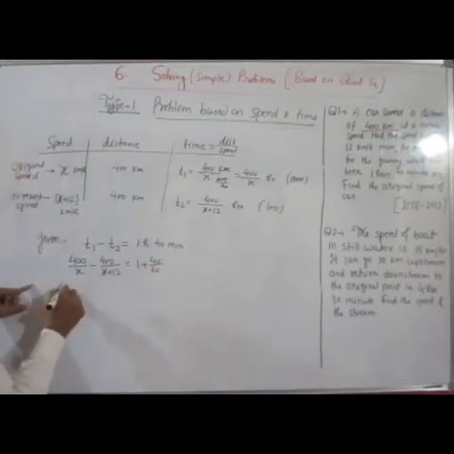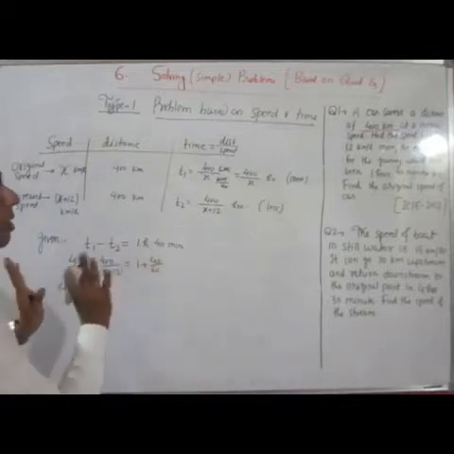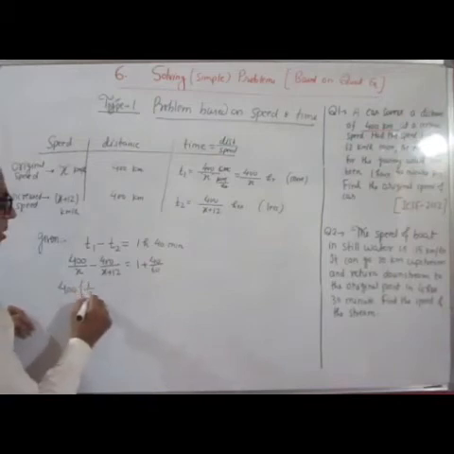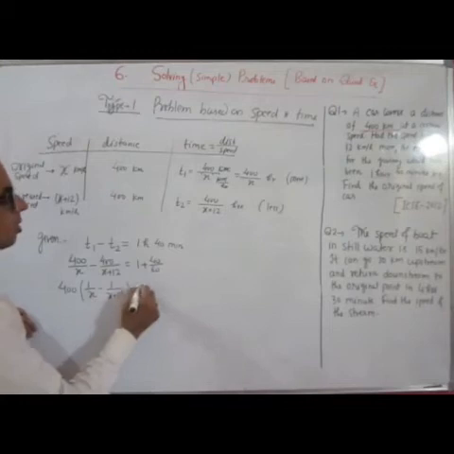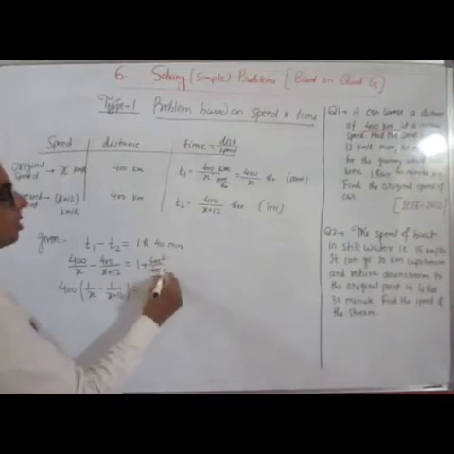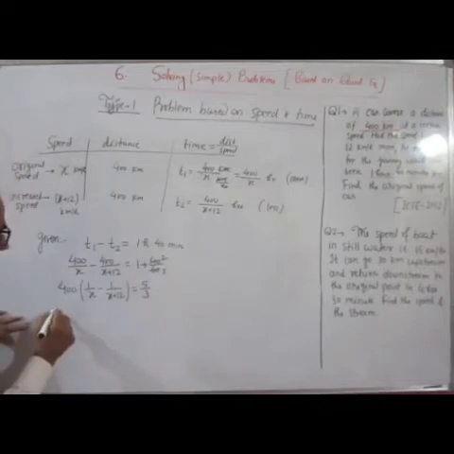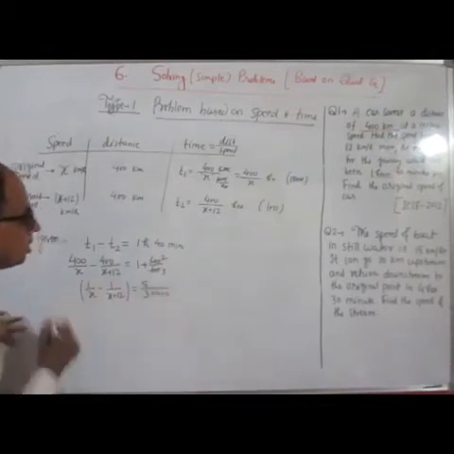So take 400 common here. This is the equation. Now we have to simplify this equation and solve it for x. So here you will get 1 by x minus 1 by x plus 12 is equal to 5 by 3 divided by 400. Now simplify this one and shift this 400 this side, so it will come in the denominator.